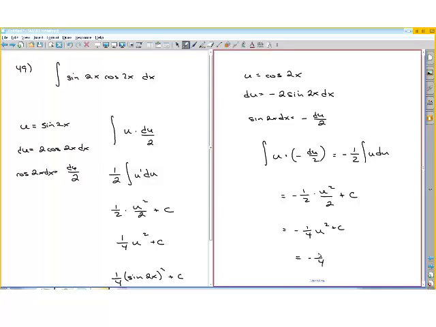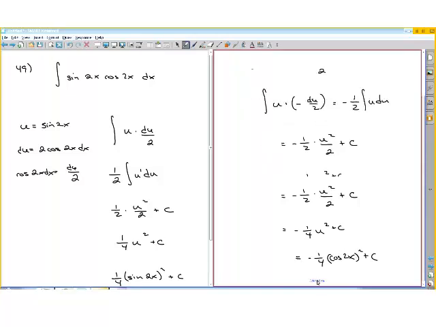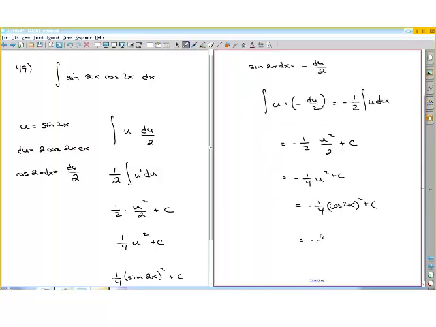So we get negative 1/4 cosine of 2x quantity squared plus c, and we can put the square here, just cosine squared of 2x plus c.